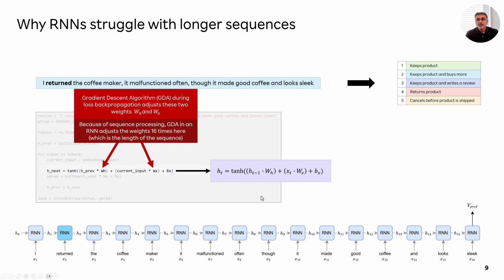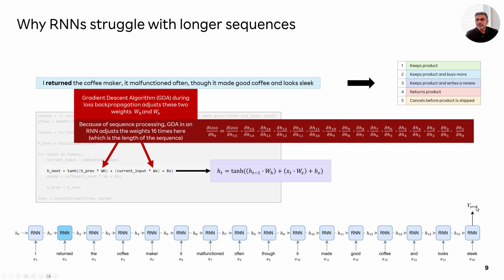Now, mathematically speaking, let's say the cross entropy loss between the predicted value and the ground truth value is, let's say, loss. What you're asking is how much weight adjustment can I make to WH and WX in this timestamp so that the loss is minimized.